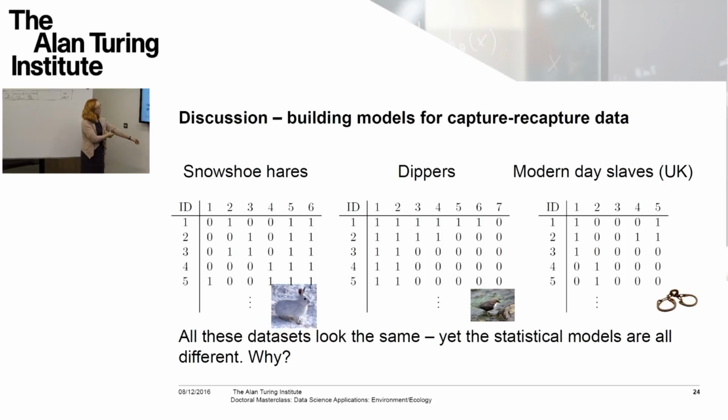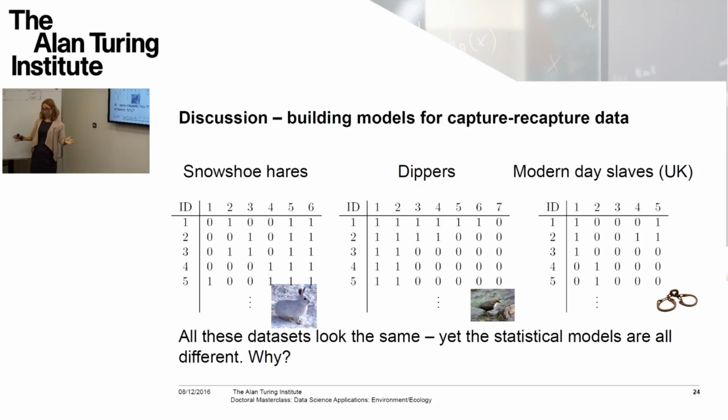As a bit of discussion, I have 3 data sets here. These are all real data sets. This is a snowshoe hare. This is a dipper. And this is to do with modern day slaves. All these data sets should look very similar.